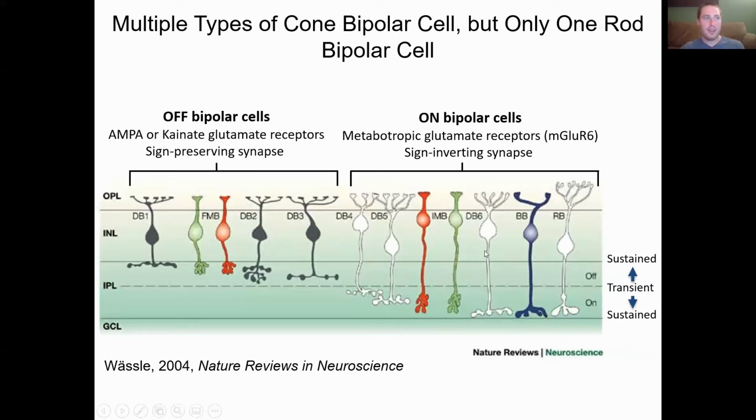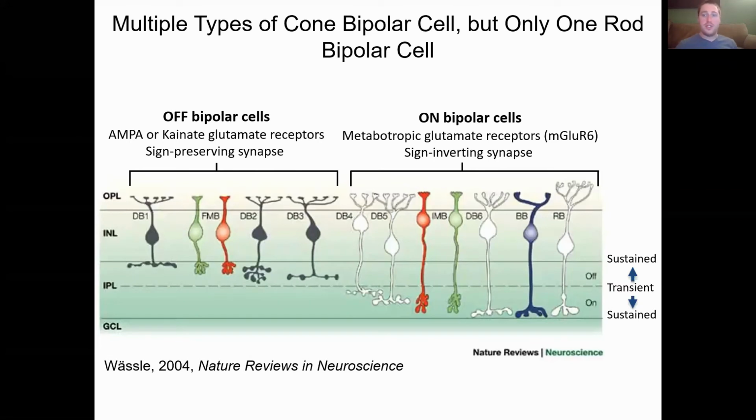So you have an off photoreceptor that gets inverted to an on bipolar cell. So they're still receiving glutamate from the photoreceptors, but they're switching the sign. And now when the photoreceptor hyperpolarizes to light, these bipolar cells depolarize to light.